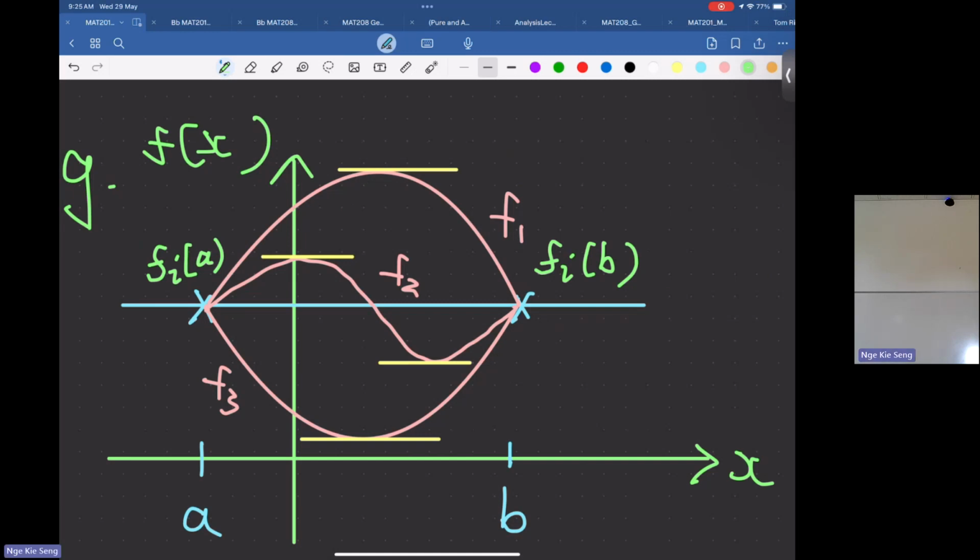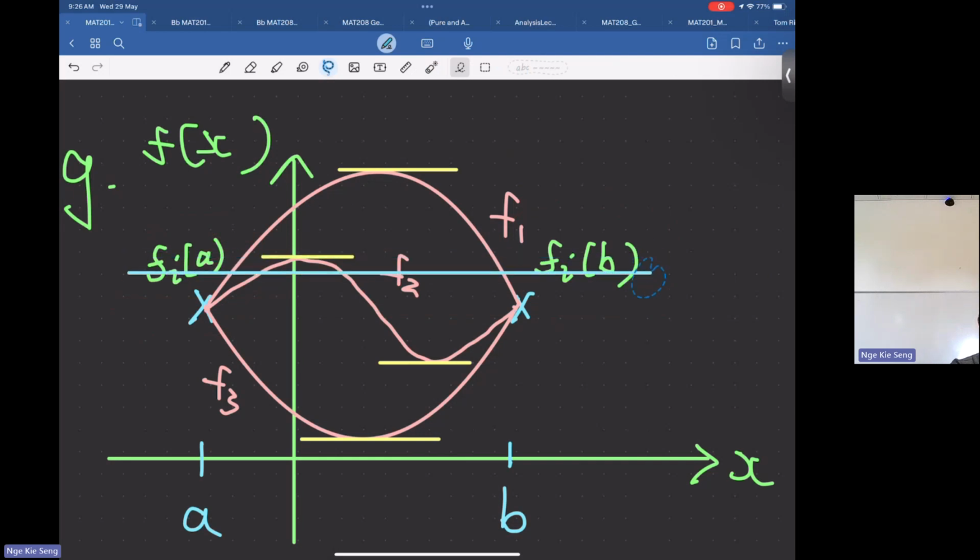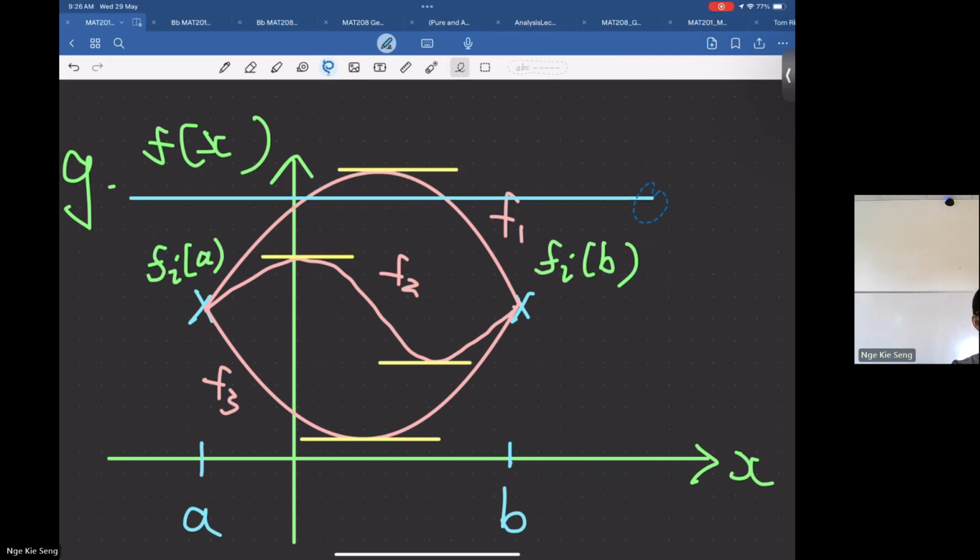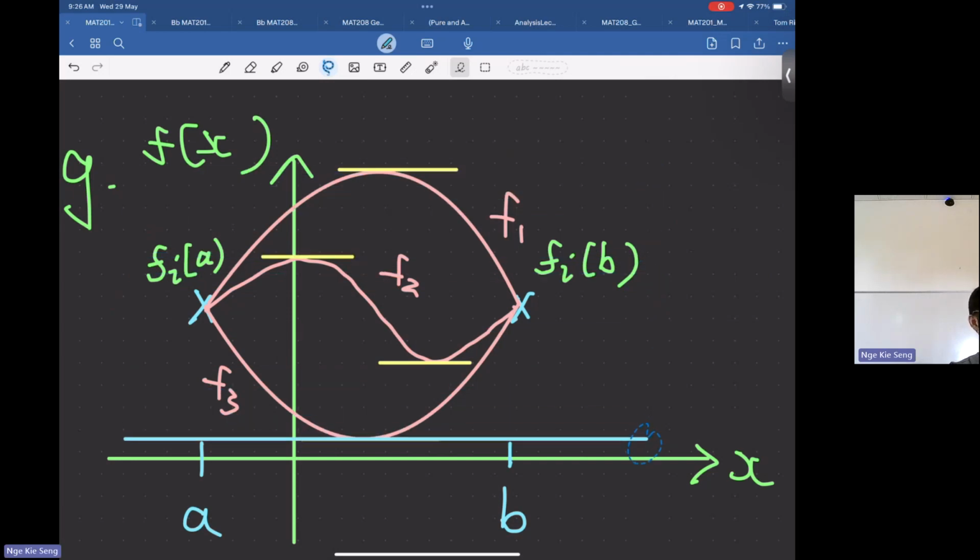So you need to make sense of this picture and then you can get the statement easily. What's the condition here? The endpoints have to have the same f value. You can think of it as moving this horizontal line. Can you find this horizontal line as a tangent line of your graph or not? You all see that?